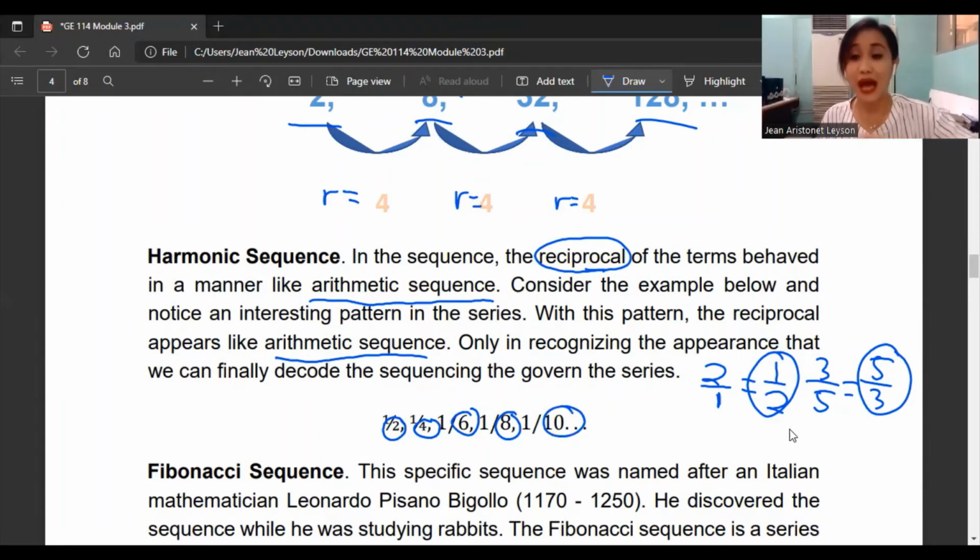It just so happened that these are reciprocals of those numbers. If we say harmonic, it's simply the reciprocal of an arithmetic sequence.